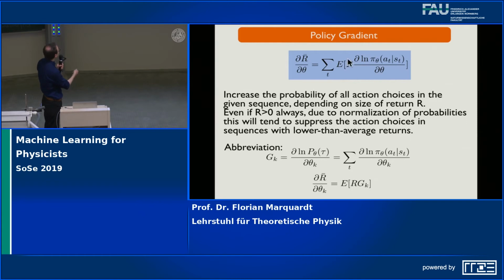If the return is really large and positive, you get a large contribution. You want to make these probabilities larger. If the return is large and negative, you even go in the opposite direction. You make your probabilities smaller. So you take all these probabilities of whatever actions you did in the sequence, and you make them either all larger or all smaller, depending on the value of the return.